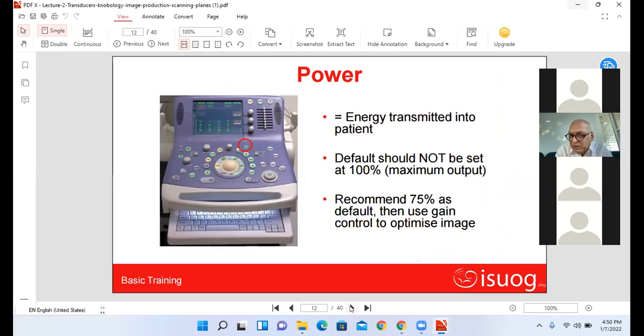So with the obese person, we try to compensate as much as we can with the overall gain or the TGC. If it still doesn't work, then maybe we can use power. So power is the last resort to use, but not always. Always in a lean and thin subject, we should not increase the power. Next slide, please.